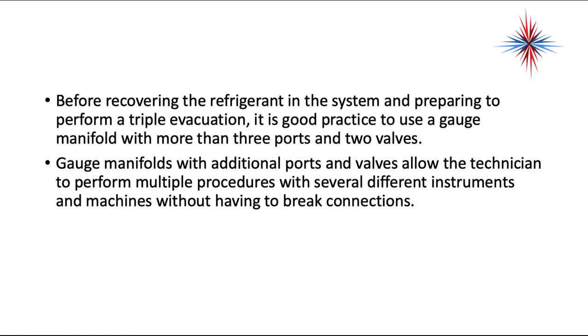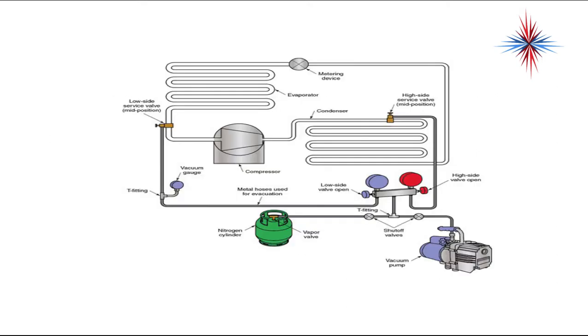Gauge manifolds with additional ports and valves allow technicians to perform multiple procedures with several different instruments and machines without having to break connections. So when you set up for triple evacuation, you want 2 additional valves on your gauges so that you can select vacuum or charge cylinder. This is a good idea anyway, regardless of using triple evacuation. It just allows you more options.